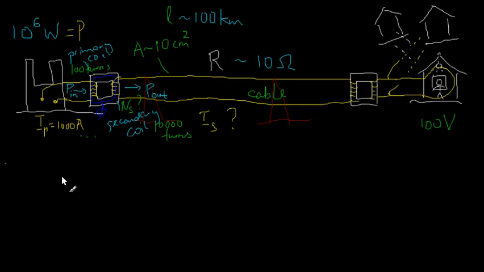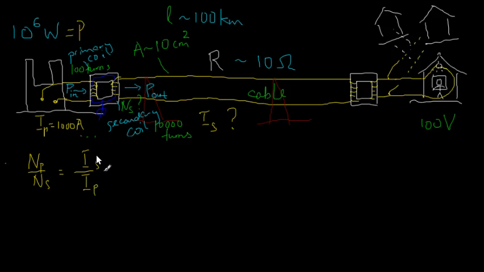So we can use one of the earlier equations as well. NP over NS, the turns ratio, is equal to the current ratio. Now remember that the ordering of the current ratio is reversed to that of the turns ratio and the voltage ratio. So instead of primary over secondary, we would have secondary over primary.